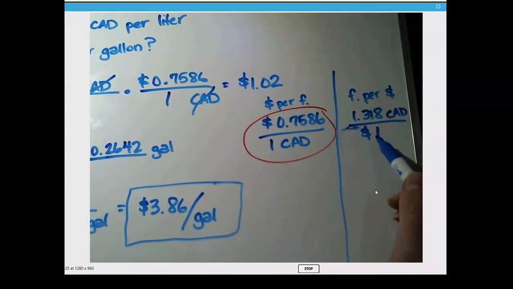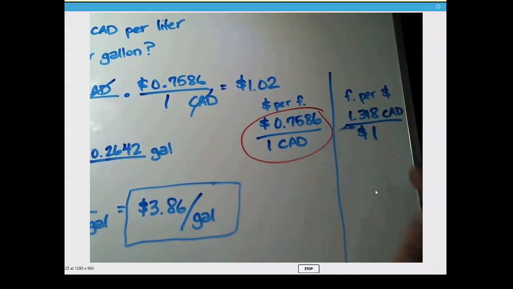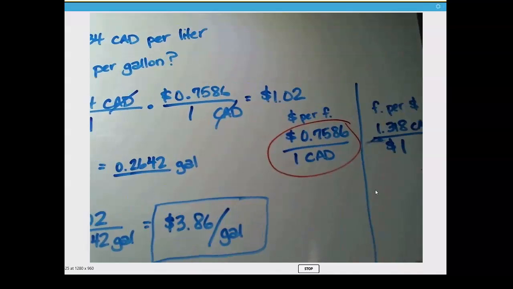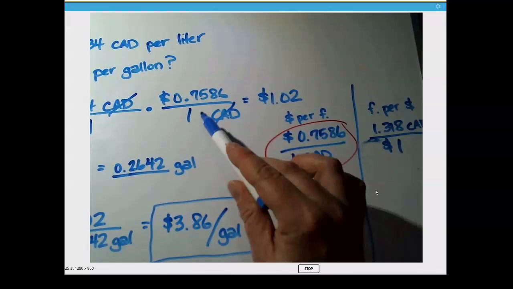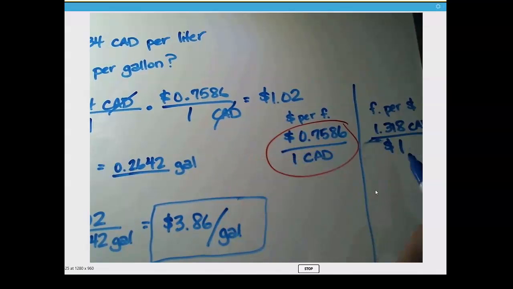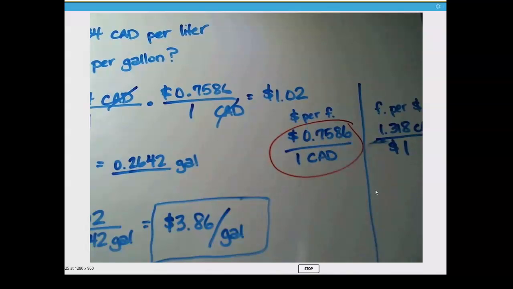That's the other one we could have used. They're not equal. They're two different conversions that you have to kind of pick apart to read. So I just chose this first one to plug in, but I could have used the other one also. I should have still gotten something close to 1.02. Does that make sense? Yeah.